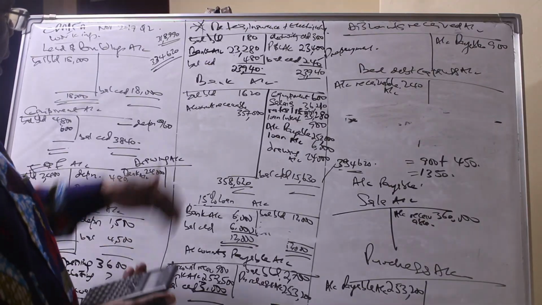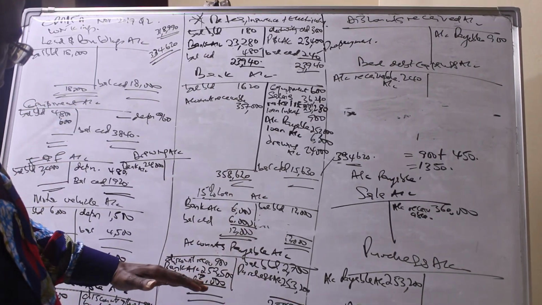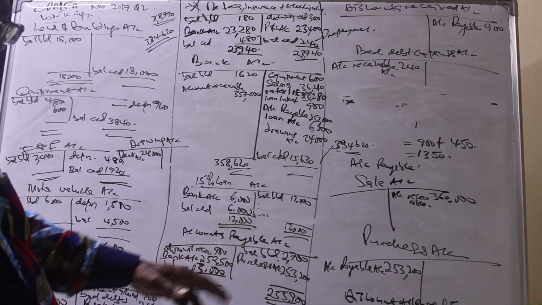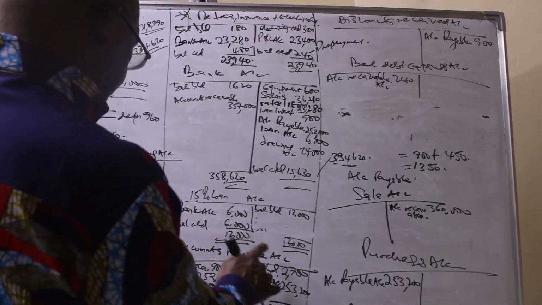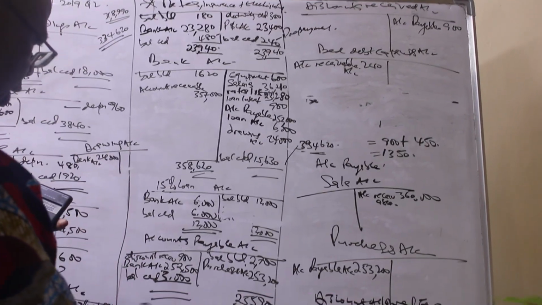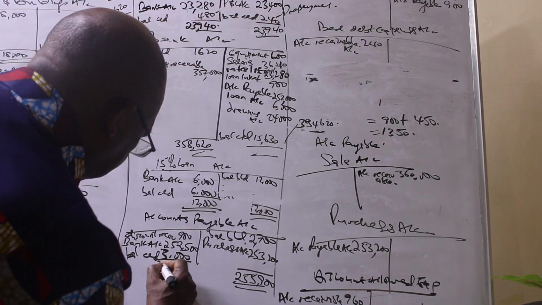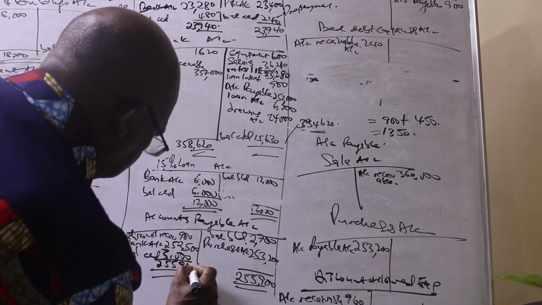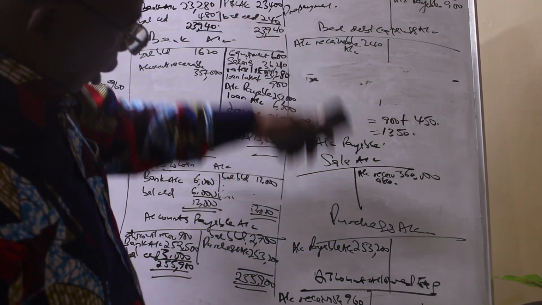$23,400, and we come back with the loan we have of that. Our balance carried down is 6,000. Accounts receivable, we have sorted this, 255,900, and everything is there.